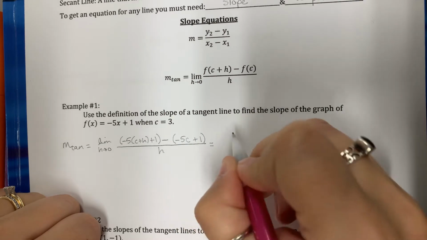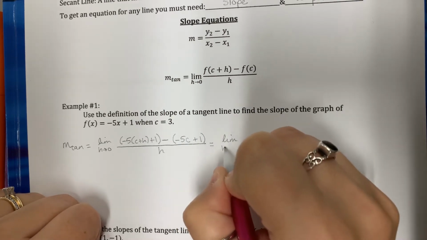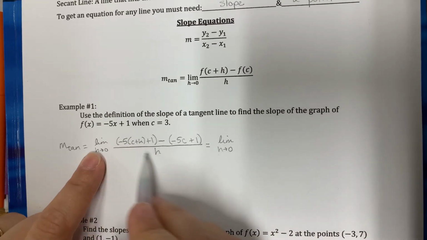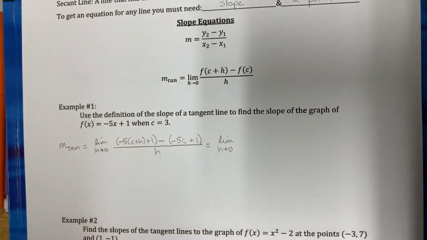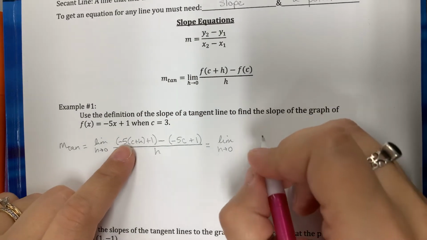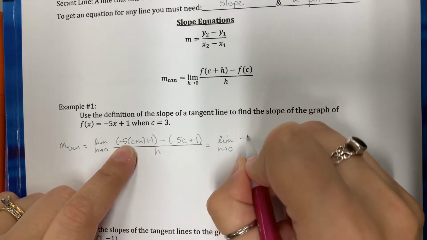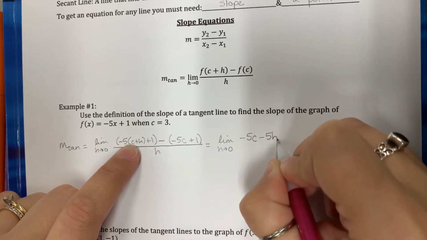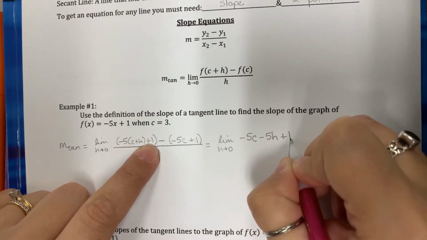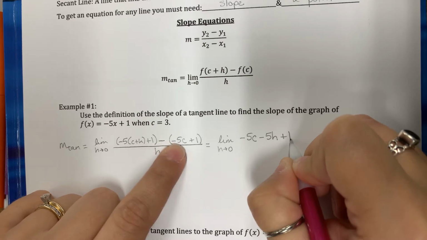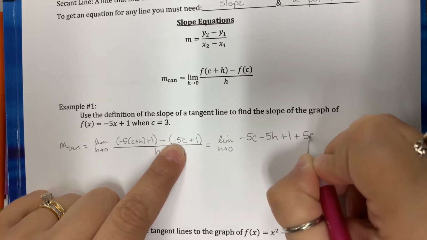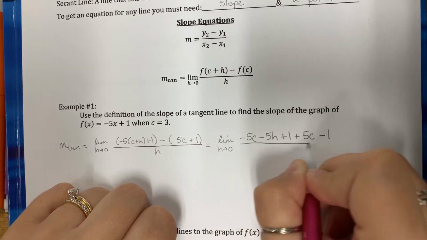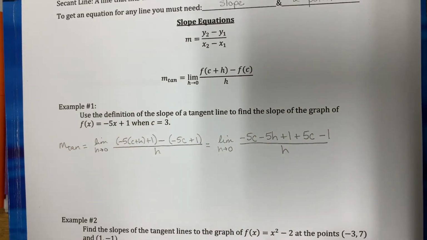So then let's simplify that a little bit. So I still have the limit because I'm not plugging anything in yet. If I were to plug 0 in, I would get 0 in the denominator. So I really have to simplify some stuff. So let's distribute this. This would give me negative 5c minus 5h plus 1 is just kind of on its own here. And then this negative distributes, and that becomes plus 5c and minus 1 all over h. So what you'll notice is things cancel out.